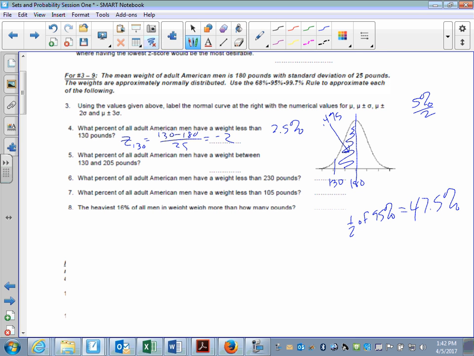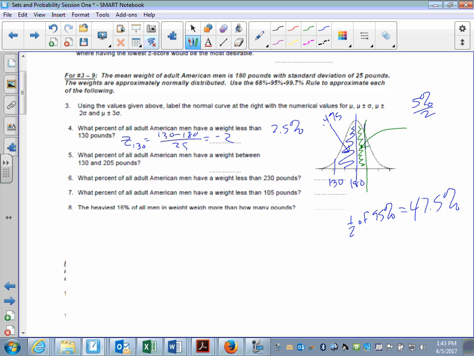So this part right here is going to be 0.475. Now, 205 is 25 pounds above the mean, but it's 1 standard deviation above the mean. Now we know that by the empirical rule, within 1 standard deviation below and above the mean is 68%.